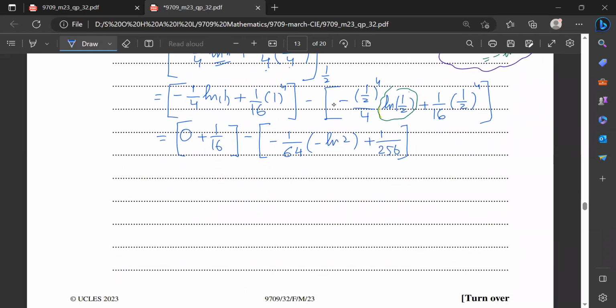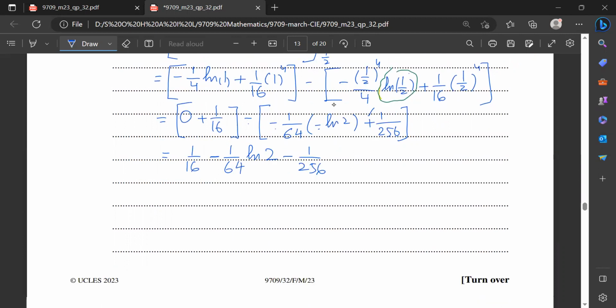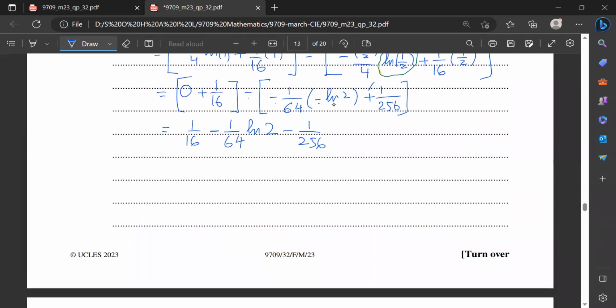Further, I can open the brackets: 1 over 16 minus, eventually finally, minus 1 over 64 natural log of 2, and minus into this plus is minus 1 over 256, and the first and the last terms are the constants.